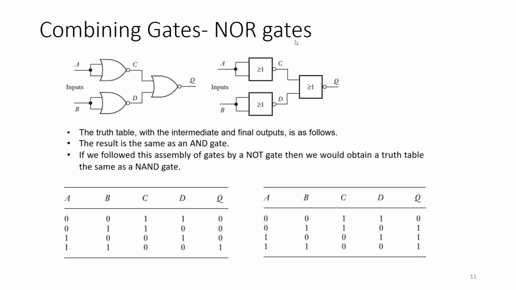Okay, the next topic is then the combinational gates, or combining of gates. If we are designing a digital circuit, then we require various gates which should be connected in series or parallel, a number of gates, such that you get different types of combinations and different types of results.